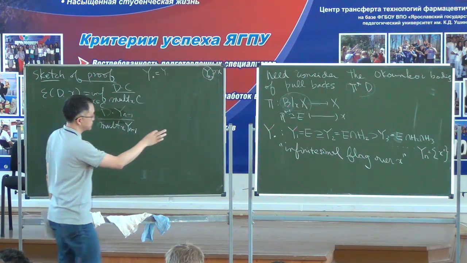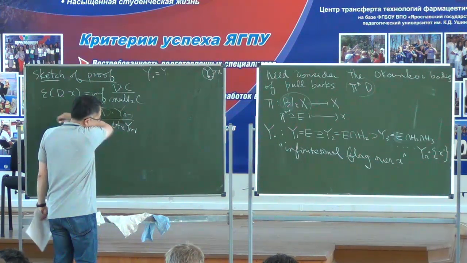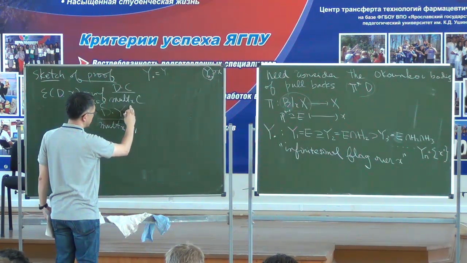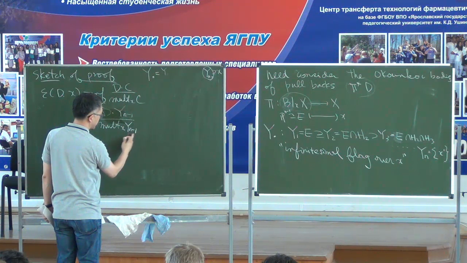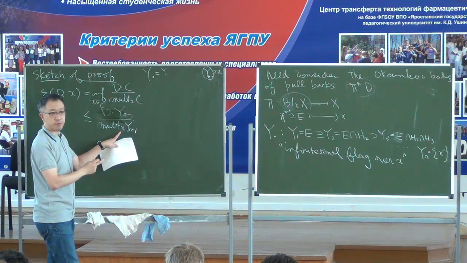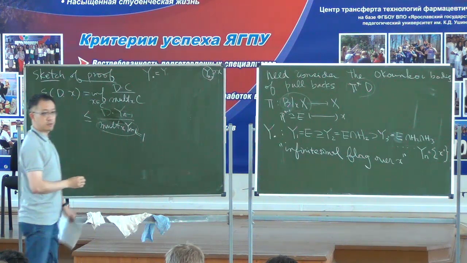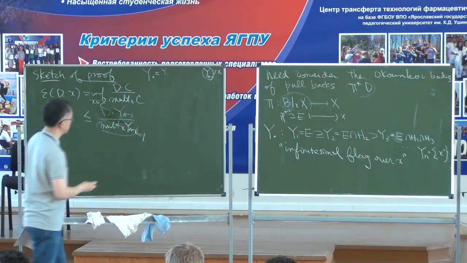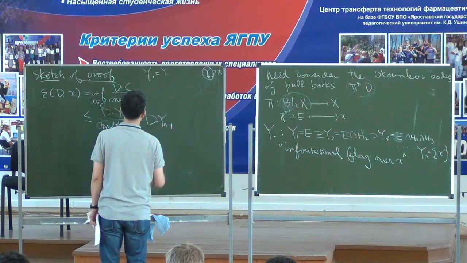And yesterday, when you constructed the Okounkov body, the admissible flag should satisfy some conditions. One condition was that each Y_i must be smooth at the point. So this denominator is actually 1.